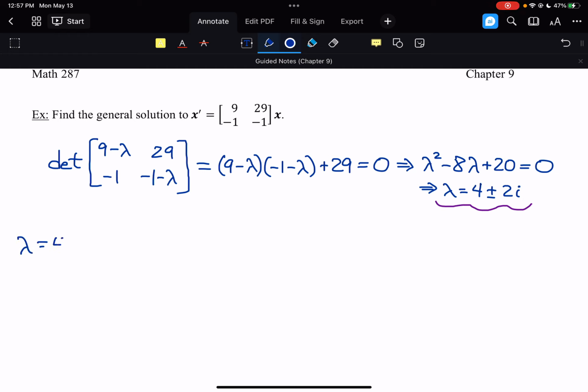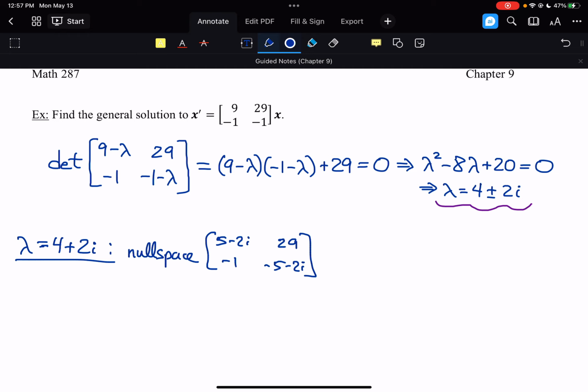So if we look at lambda equals 4 plus 2i, we take the null space. That ends up giving us 5 minus 2i, 29 over here, negative 1 here, and negative 5 minus 2i down here.